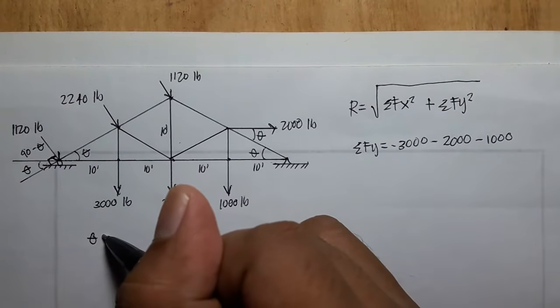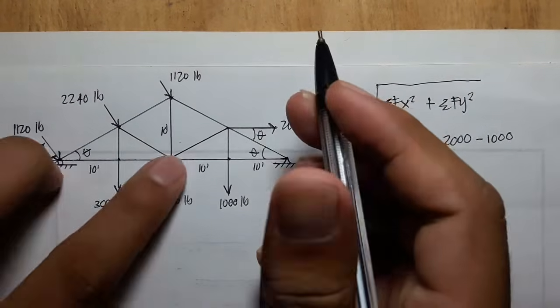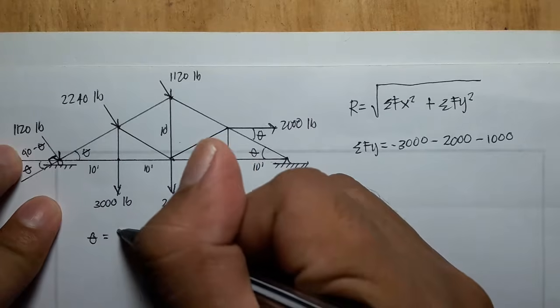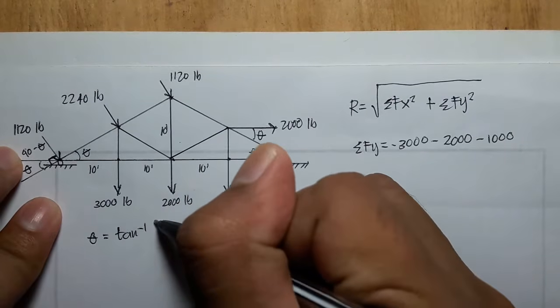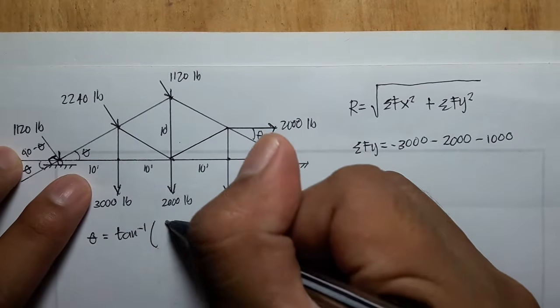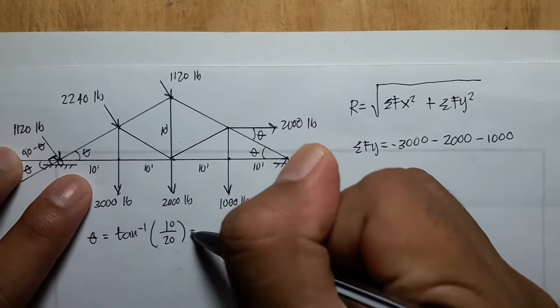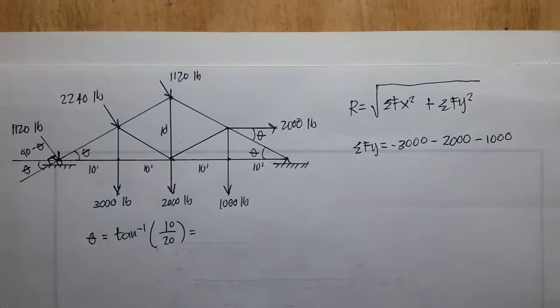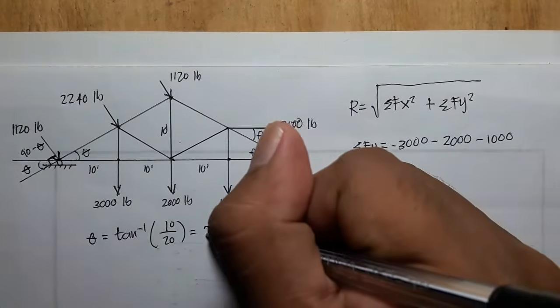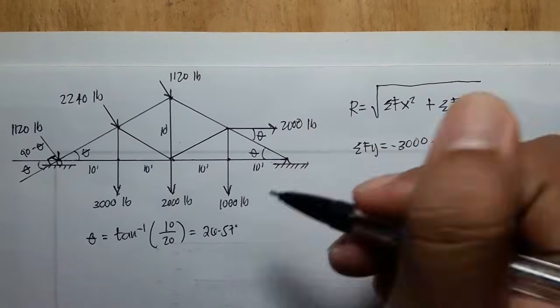Theta is equal to tangent inverse of opposite over 20, so it's 26.57 degrees.